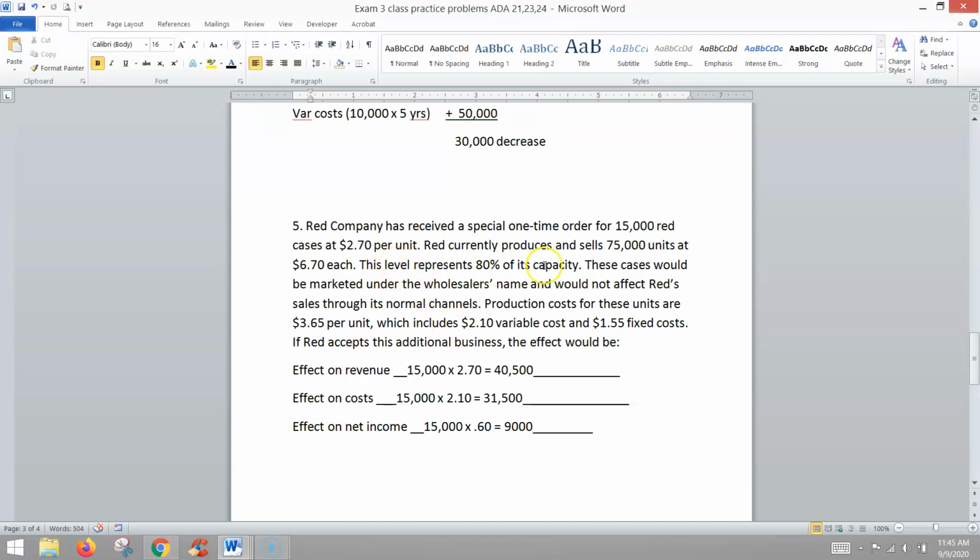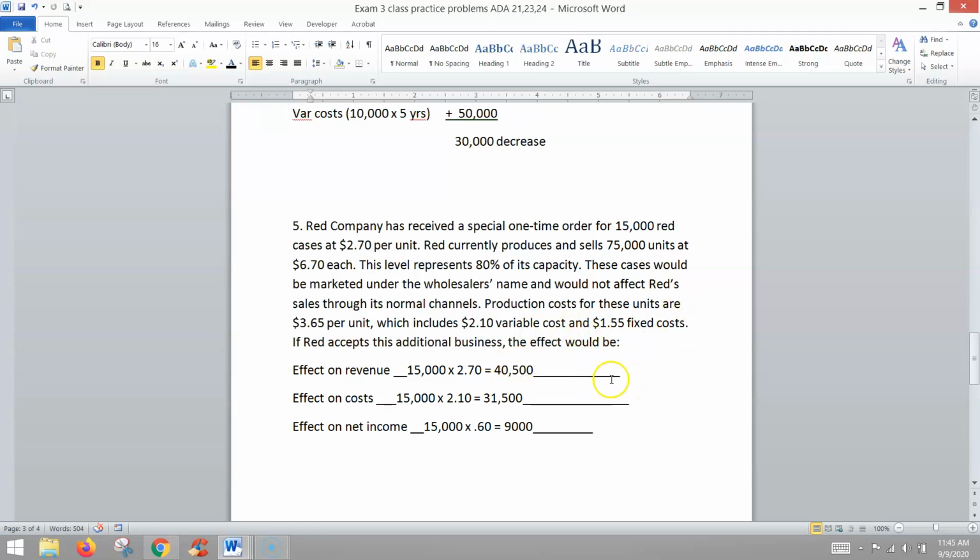That information is given to us just to say that we can take on additional business without affecting our capacity or our current production, and we're not going to incur additional fixed costs. These cases will be marketed under the wholesaler's name and would not affect Red's sales through its normal channels. Production costs for these units are $365 per unit, which includes $210 variable costs and $155 fixed costs.